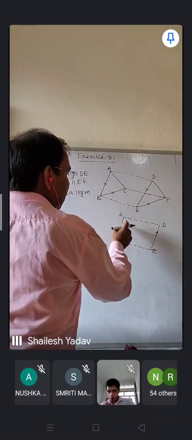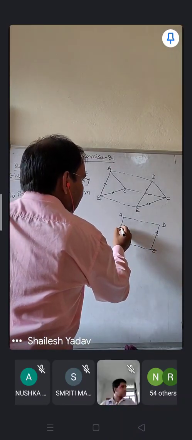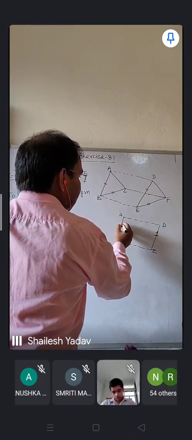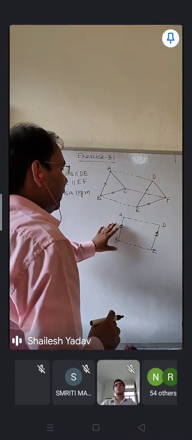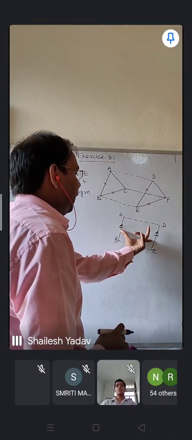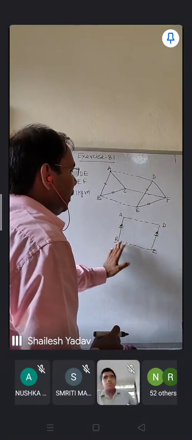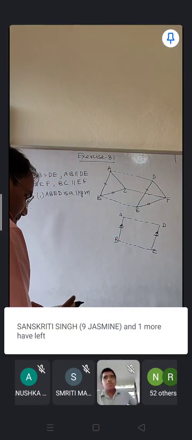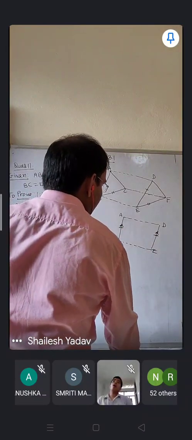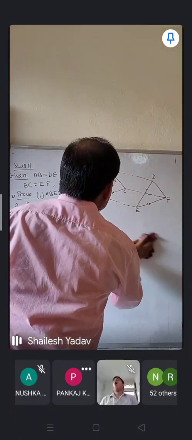Here in the quadrilateral ABED, AB and DE are equal as well as AB and DE are parallel. So according to theorem 8.8, if in a quadrilateral one pair of opposite sides are equal and parallel, then it will be a parallelogram. So got it, why it is a parallelogram? Okay, so only you need to write it in the statement.